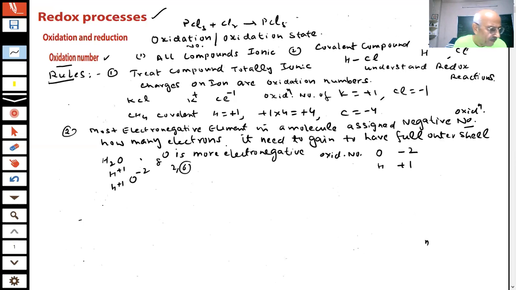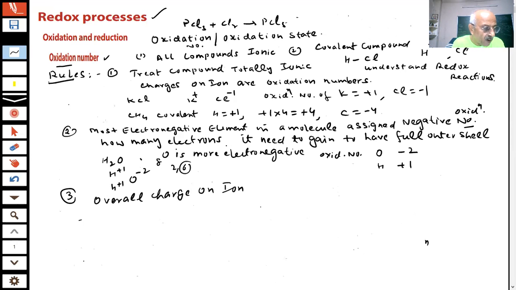Clear? These are the rules we are using for assigning the oxidation number. So assign the oxidation number according to the overall charge on the molecule or ion. If there is an ion, there is an overall charge.